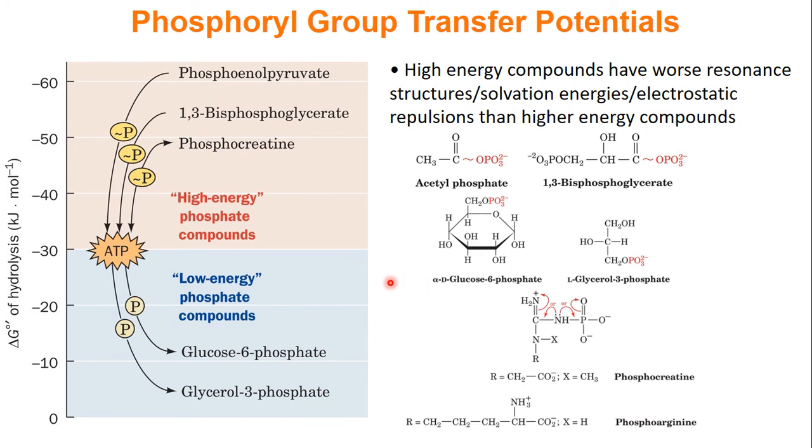Now, if we look at these high energy compounds, the reason they're high energy is because they actually have worse resonance structures than ATP does. So we can look at just an example here of phosphocreatine and phosphoarginine, where they have the C double bond N, NH, P double bond O. Now, to make a double bond here with this resonance structure, you have to use one electron.